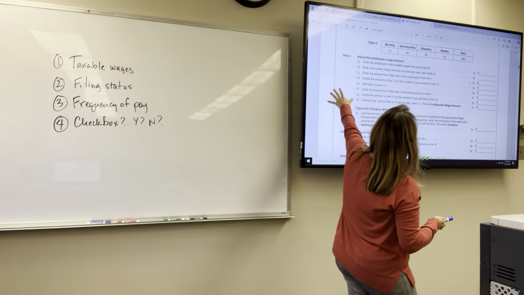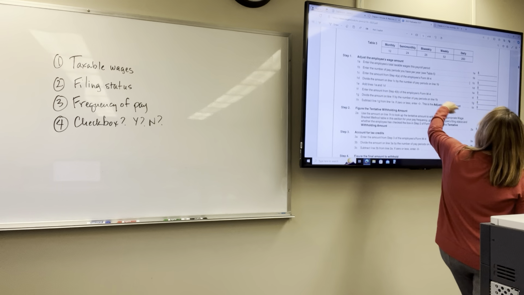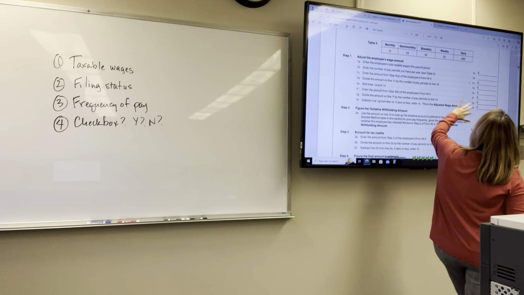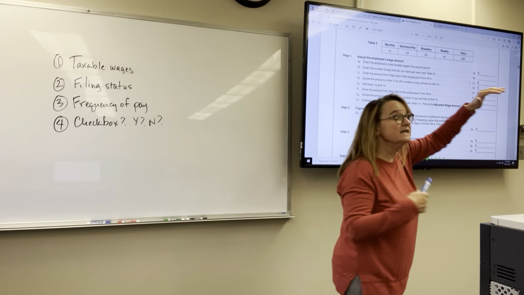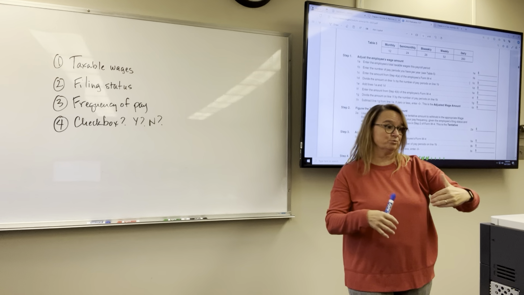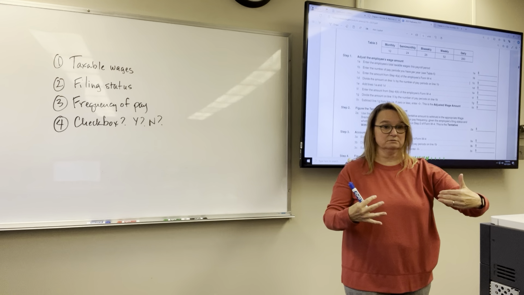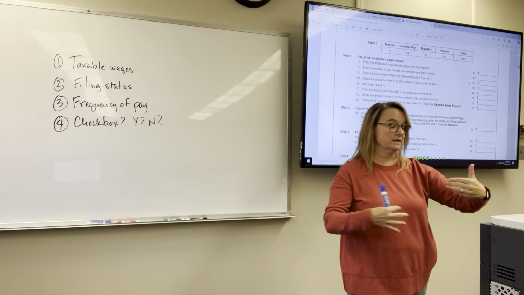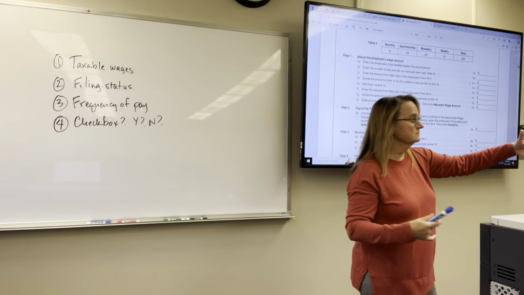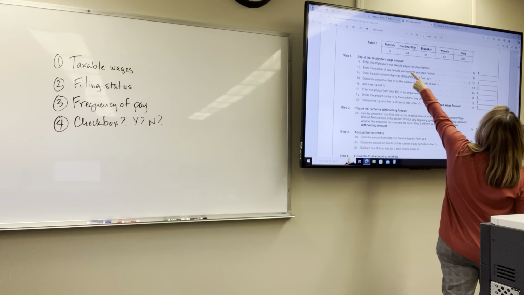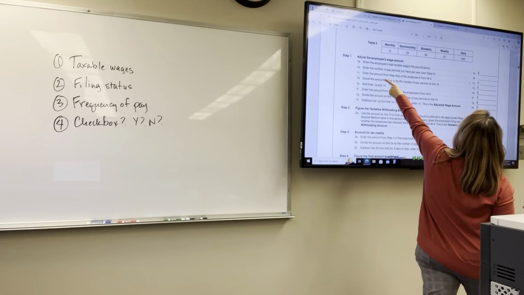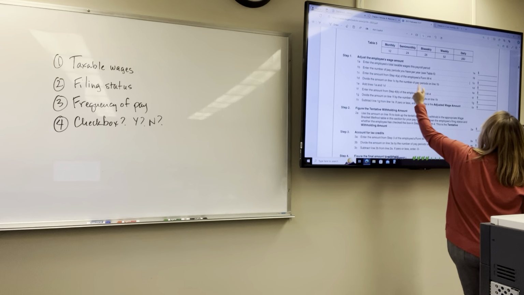First line on this: enter the employee's total taxable wages for this payroll period. It is assuming that you have subtracted any pre-tax deductions already. Enter the number of pay periods that you have per year. So you've got 26, and they tell you right up here what your frequency is.